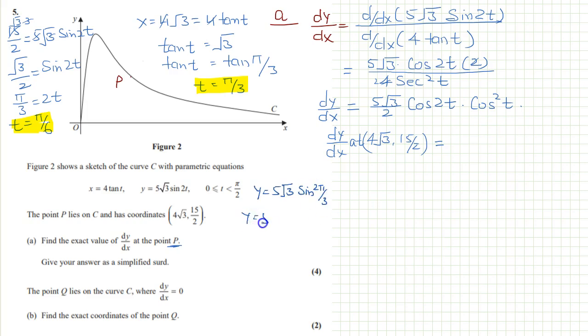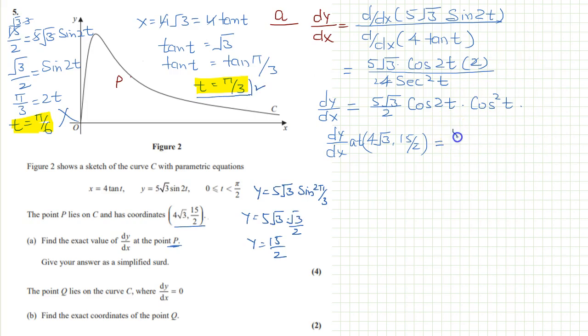So y is equal to 5 root 3 sine 2 pi over 3, which is root 3 over 2. So y is equal to 15 over 2. So can you see if we put this value, it is satisfying both. So we are going to use this value of t and not this. You have to be careful about this thing.